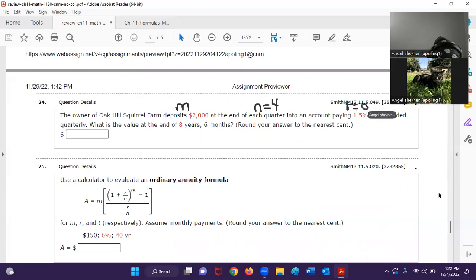So R equals 0.015, compounded quarterly, N equals 4. What is the value at the end? So A equals question mark of 8 years, 6 months. So T is 8.5. So M is known and A is not. A is what we should find.